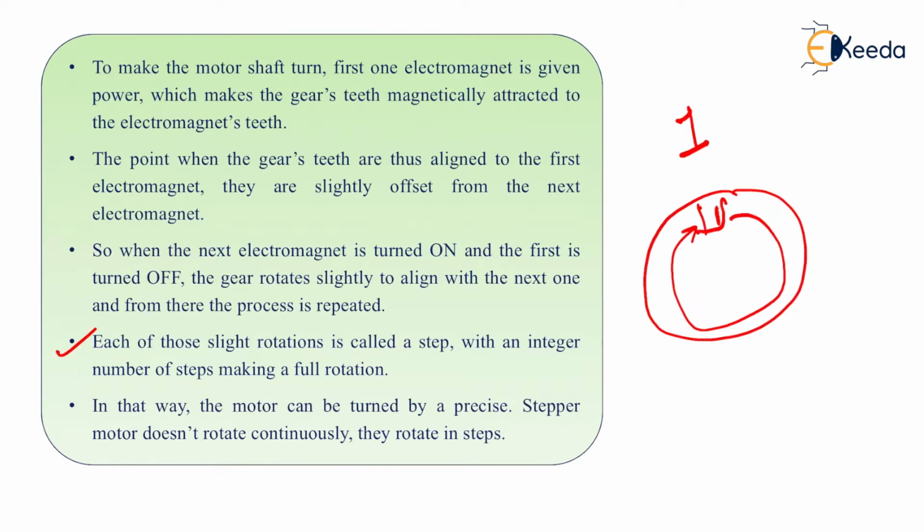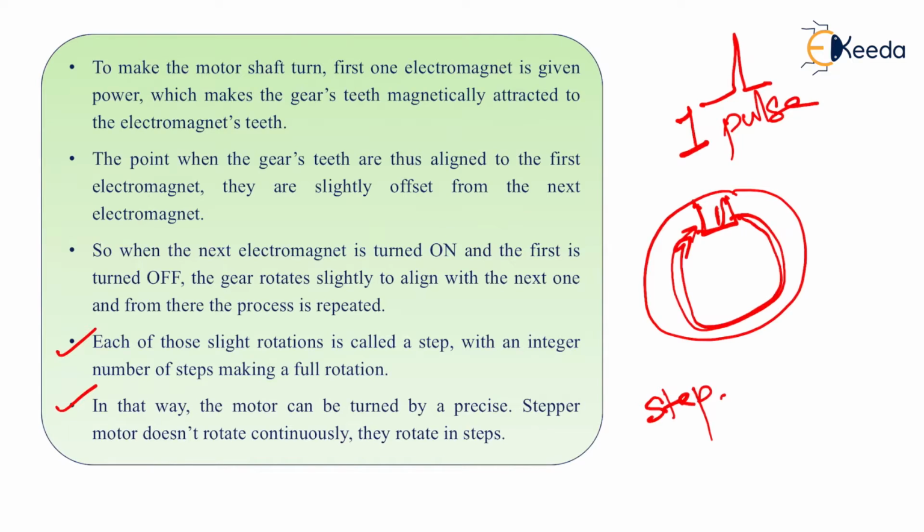So in another way, the motor can be turned in a precise way, and the stepper motor doesn't rotate continuously but in steps. Means what? If we consider one particular small voltage pulse applied to a particular magnet, when the complete cycle ends, then one step is completed.